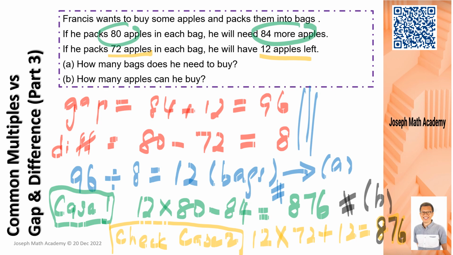A, he needs to buy 12 bags. He can buy 876 apples. So, gap and difference part 3 is a little bit more complex. Alright, remember, we have to do the addition equation for the gap. A little bit different from part 1 and part 2.